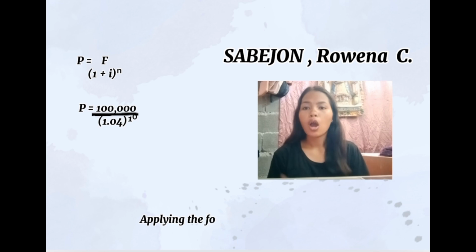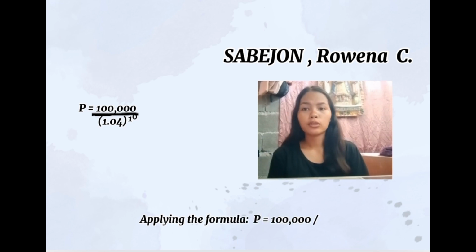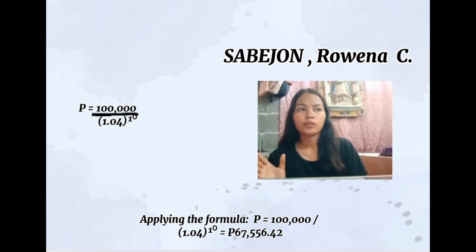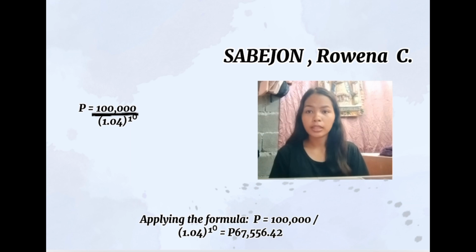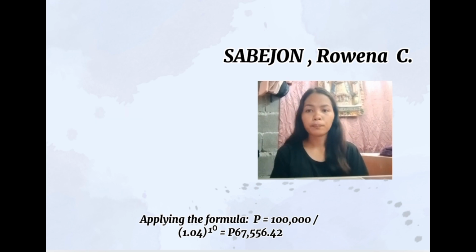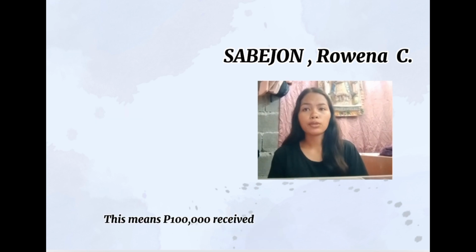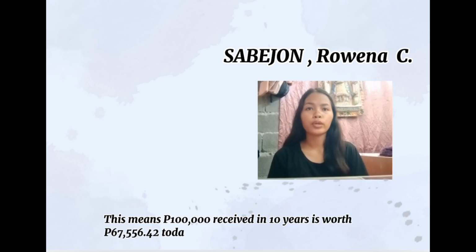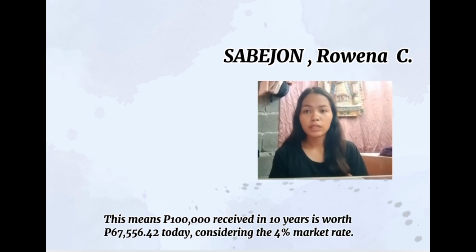Applying the formula, 1.04 raised to 10, divide 100,000 by the result, equals 67,556.42. This means 100,000 received in 10 years is worth 67,556.42 today, considering the 4% market rate.